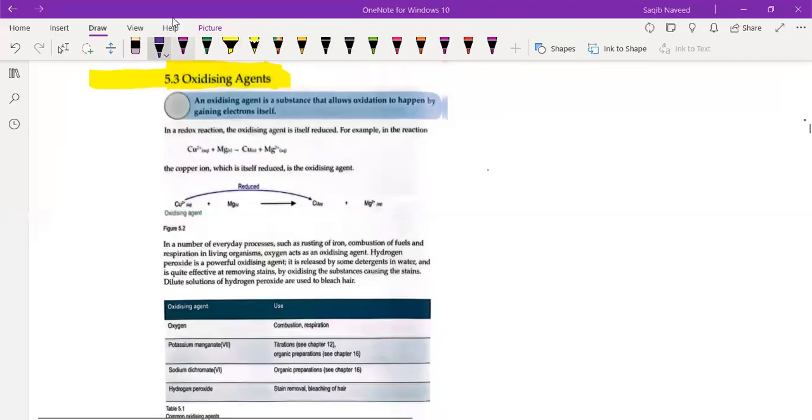So today we are going to discuss oxidizing agents and reducing agents. First of all, we recall our previous lecture on the periodic table. These two codes we have studied, LMB and RNO.